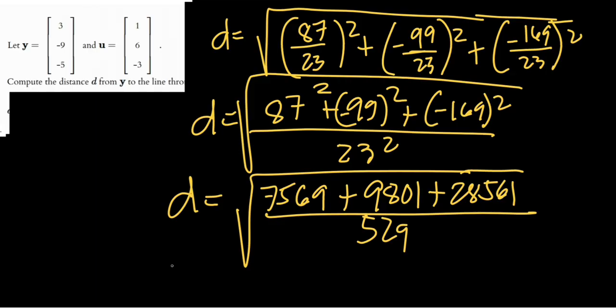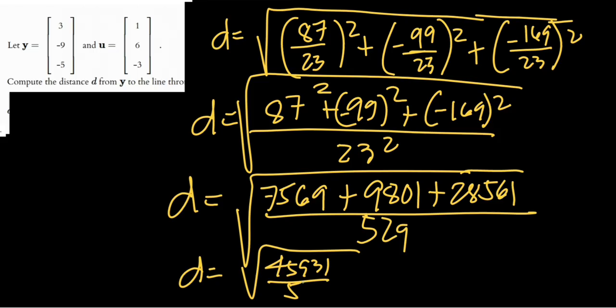Okay, so what is the answer? 45,931 over 529. Can we reduce this? Can we divide 45,931 by 529?